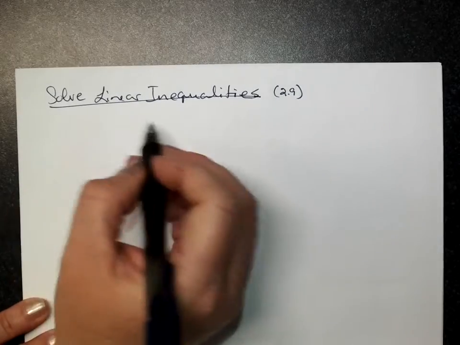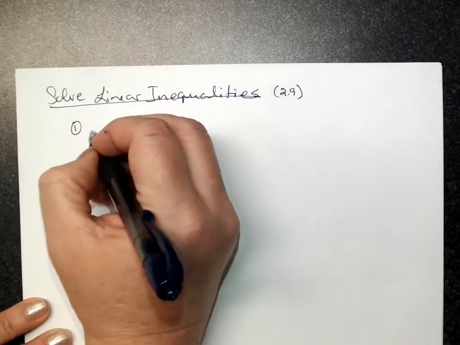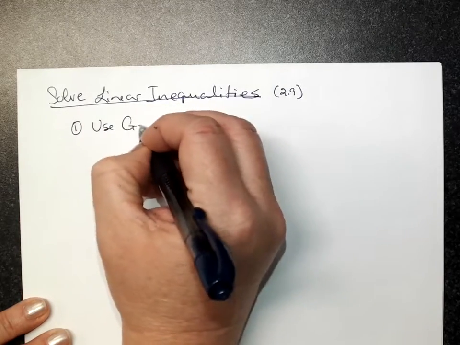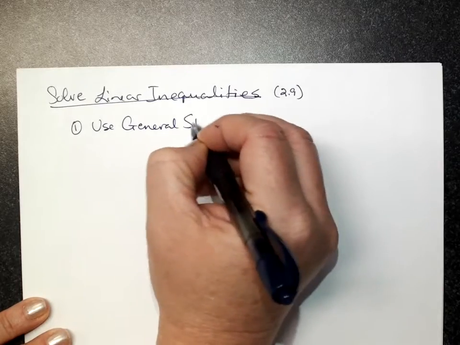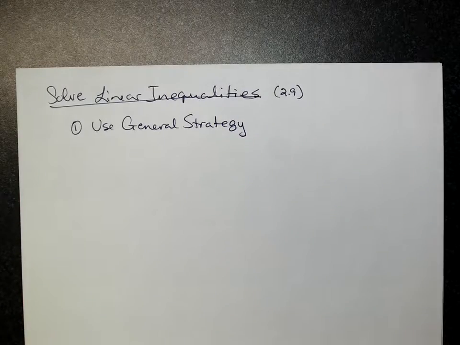To solve these linear inequalities, you are going to use the general strategy for solving linear equations, with two exceptions. What you already know how to do with linear equations is what you're doing with linear inequalities.